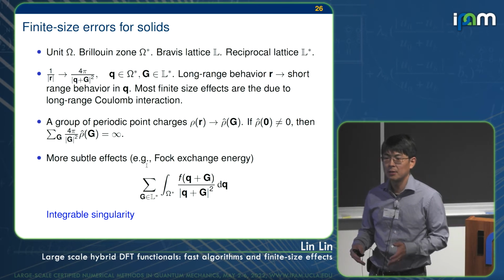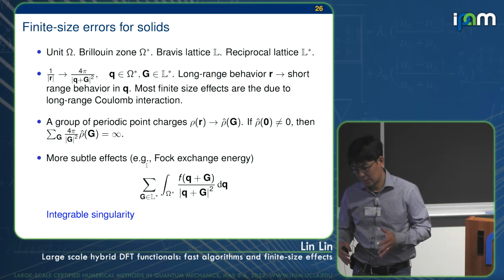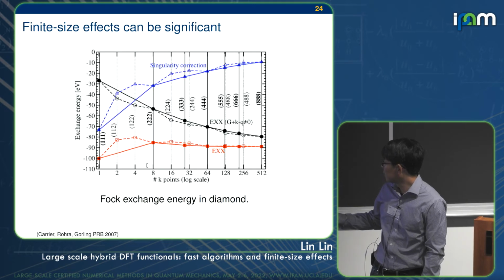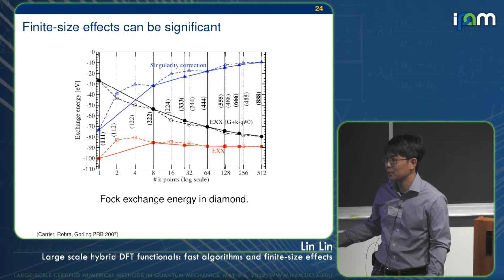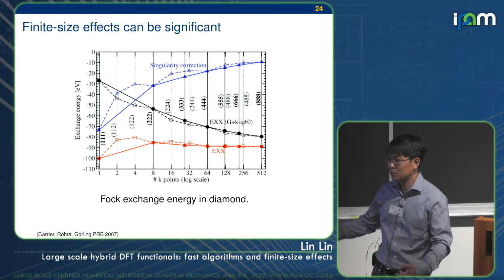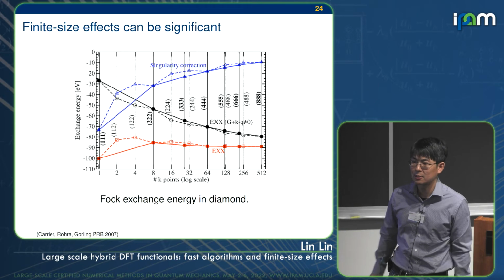As you have seen from the previous picture, the exchange energy, if you directly converge it, the number of K points is already 500, which means that there's 500 unit cells, and still the error is pretty large. If you really just converge it by brute force, even with a very good large-scale solver, that's not the way to go.